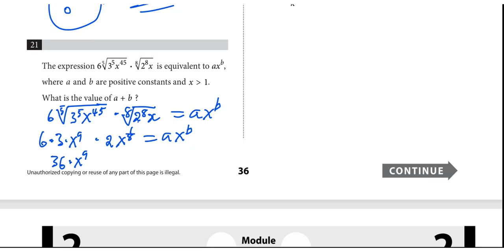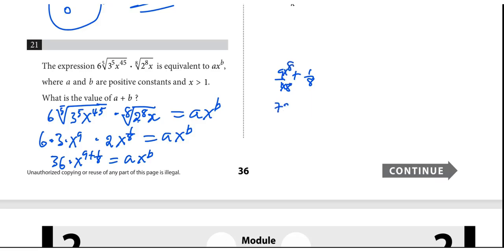We can simply add up the powers. So 9 plus 1/8, and this is equal to a x to the b. So 9 plus 1/8 would give us 9/1 plus 1/8. So multiply this by 8 and also multiply 9 by 8.